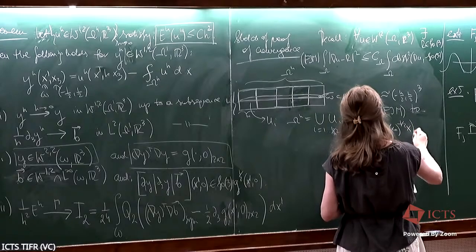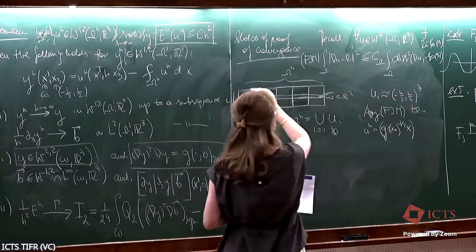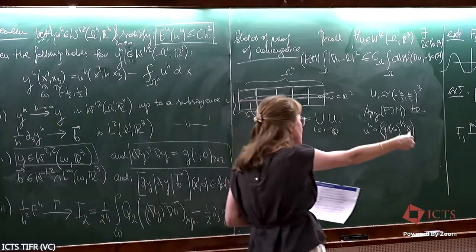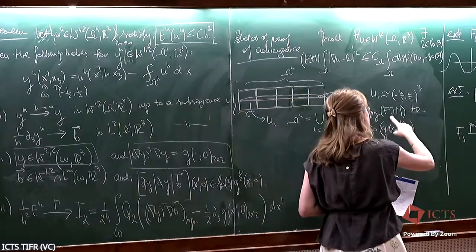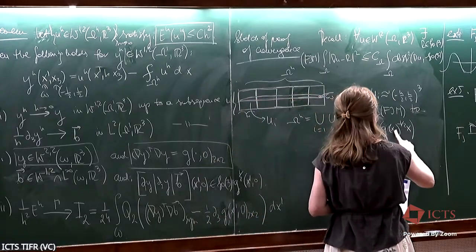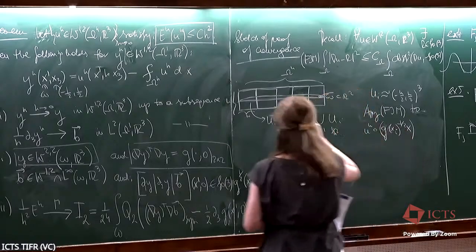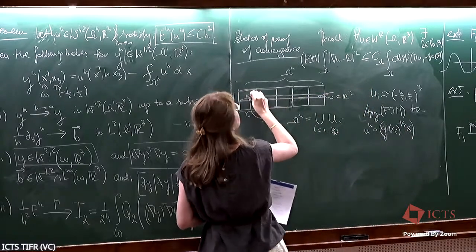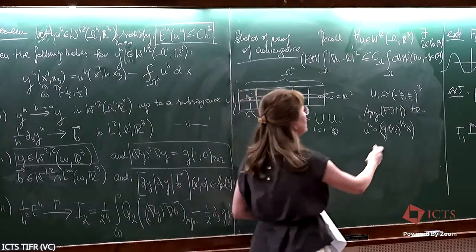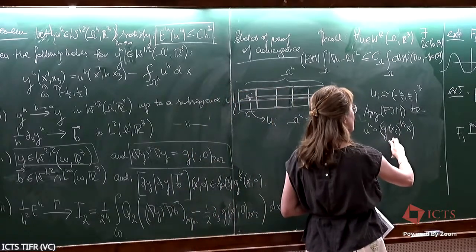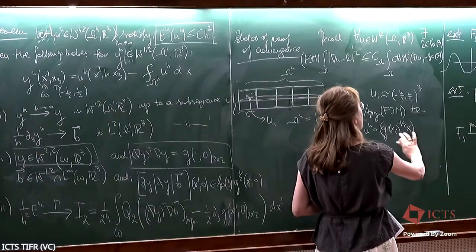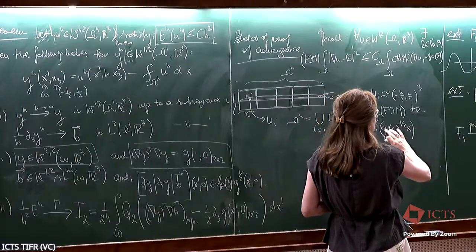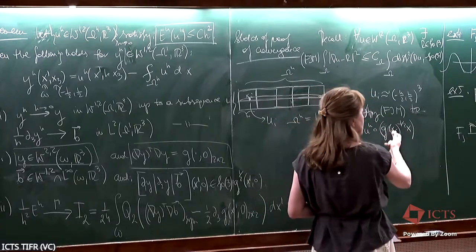So basically you want to apply this on ui, but modulo the metric. So you're taking the square root of the metric at some point x0, so maybe let's write it xi. Let xi be the center of ui. And then you just approximate the metric on this little cube by a metric that's constant, just sampled from xi.